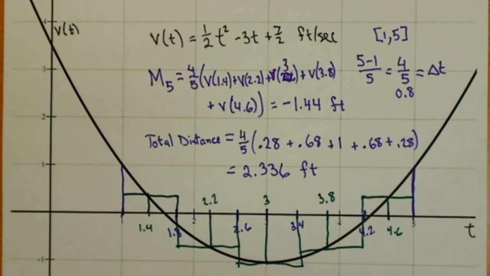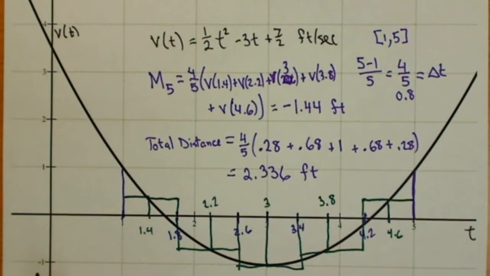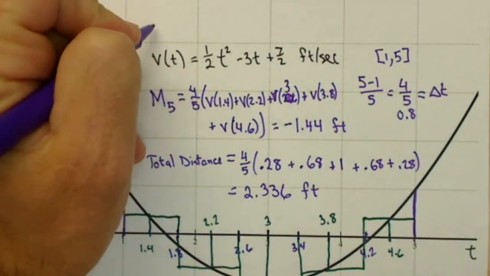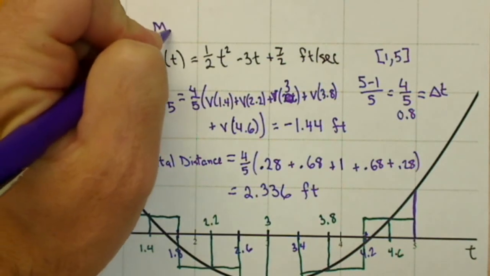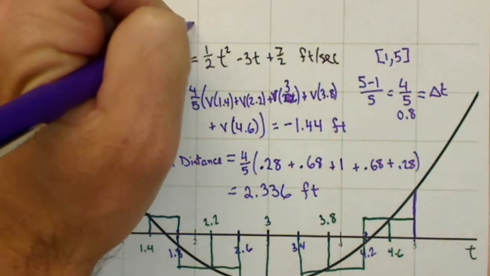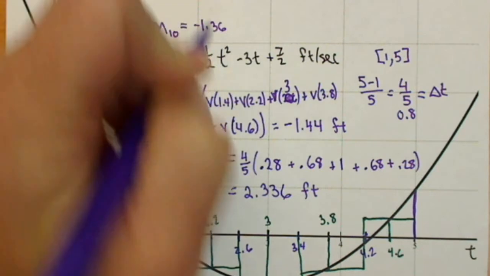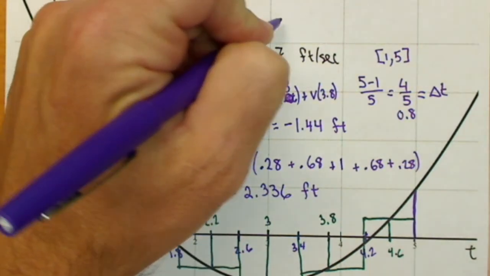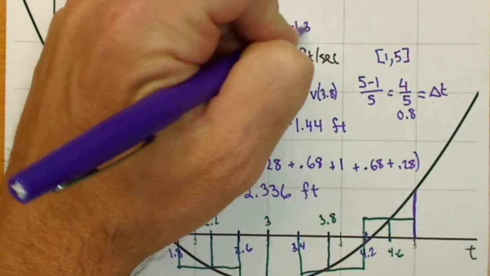The last thing is, if we wanted to see what this converged to, you could do the midpoint rule with more intervals. Using some computer technology, Wolfram Alpha in this case, I calculated M of 10 is negative 1.36, and M of 20 to be negative 1.34.